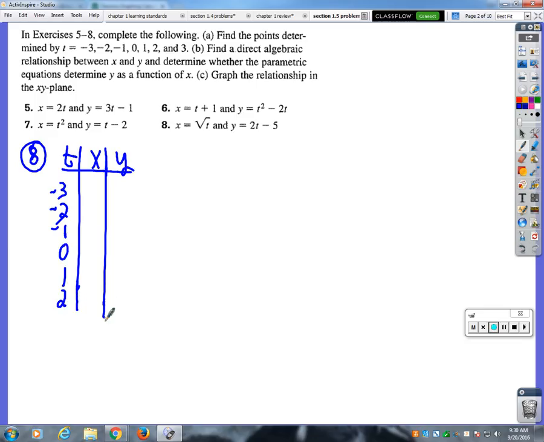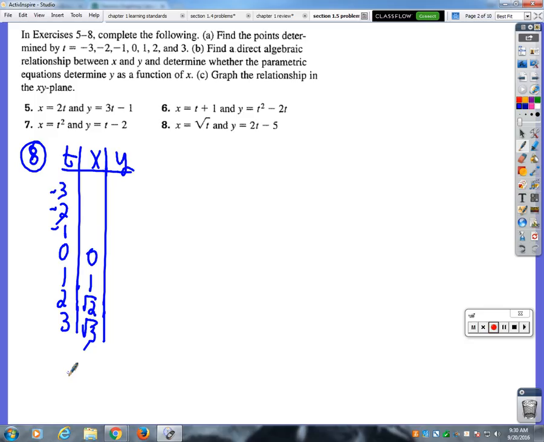Okay? So the first thing I have to do is take the square roots of all of these numbers. But I can't take square roots of the negatives, right? So this is going to just be 0, 1, square root of 2, and square root of 3.